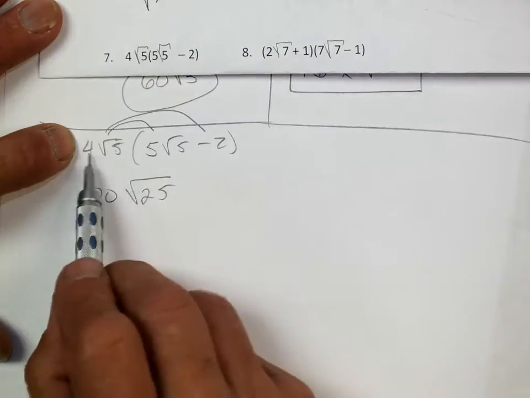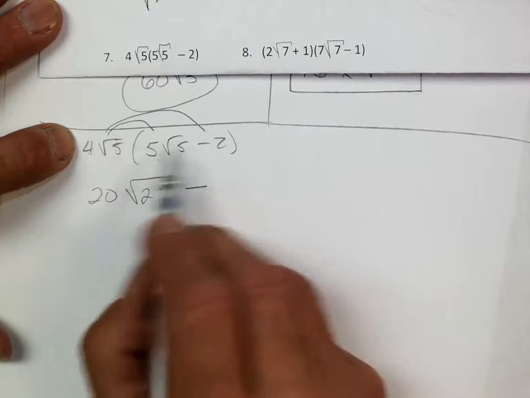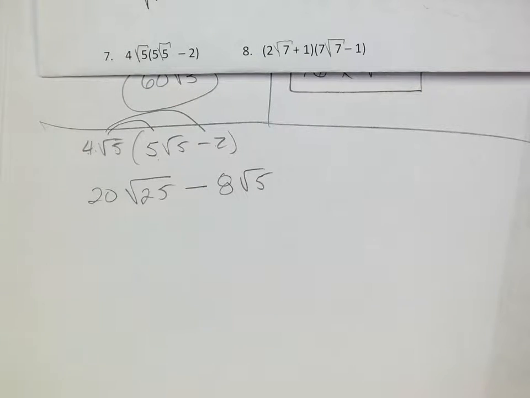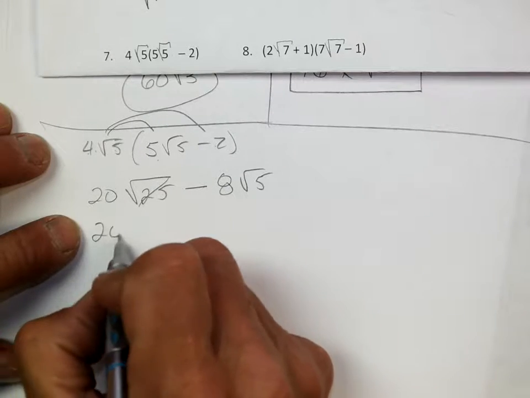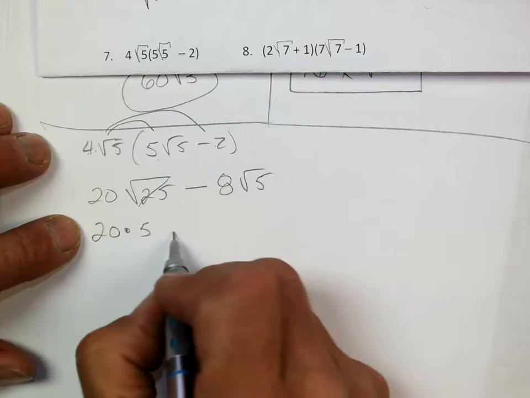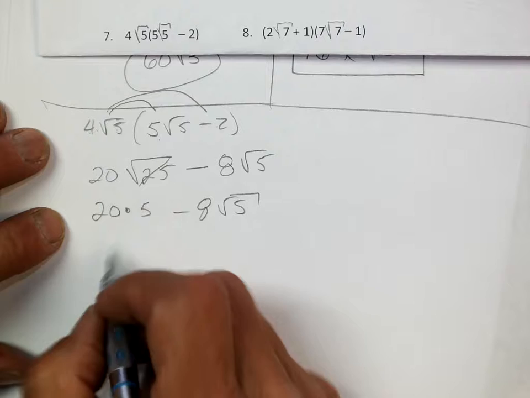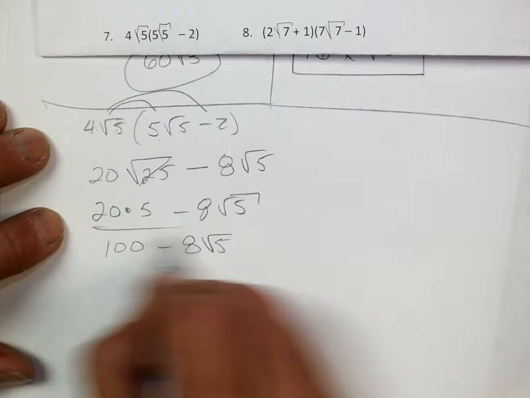And then minus 8 square roots of 5. Okay, now there's a little bit more work I can do, right? I can take the square root of 25, which is 5. I'll go 20 times 5 minus 8 square roots of 5, right? And 20 times 5 is 100 minus 8 square roots of 5. There it is.